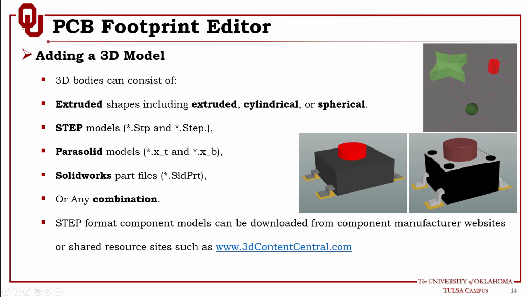And also Altium Designer provides the capability to create simple 3D shapes. Here is an example. This is a 3D model for a tactile switch, and this is created in SolidWorks. And this one also for a switch created in Altium Designer, basically using basic shapes.